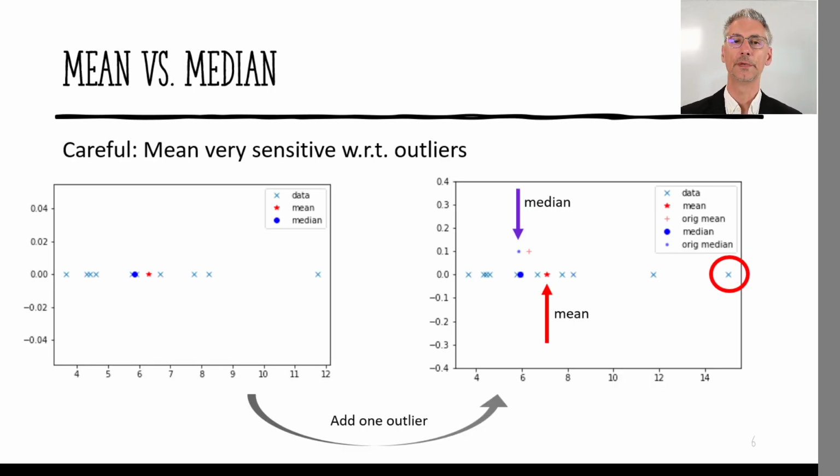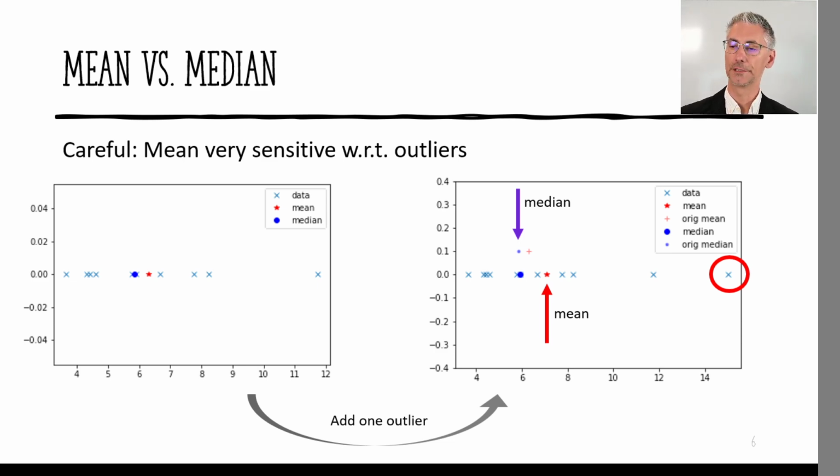What does that mean then? The mean and the median are not the same. In particular, when we add outliers, we see that they behave differently. So we start with our original data set here on the left, and then we add one outlier to the right, indicated by the red circle. And we can see that on the top here we have the original mean and the original median, and they're fairly close together.